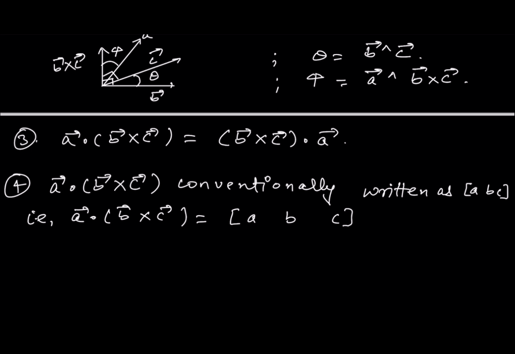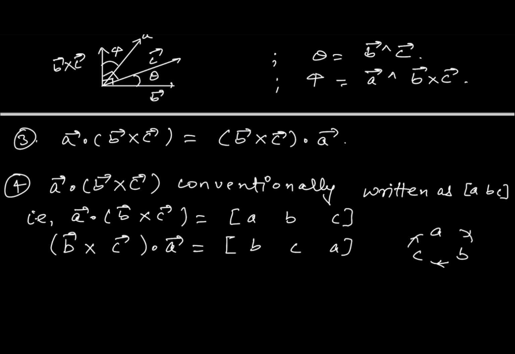So B cross C dot A is box BCA, means I am saying the order will remain in cyclic order.